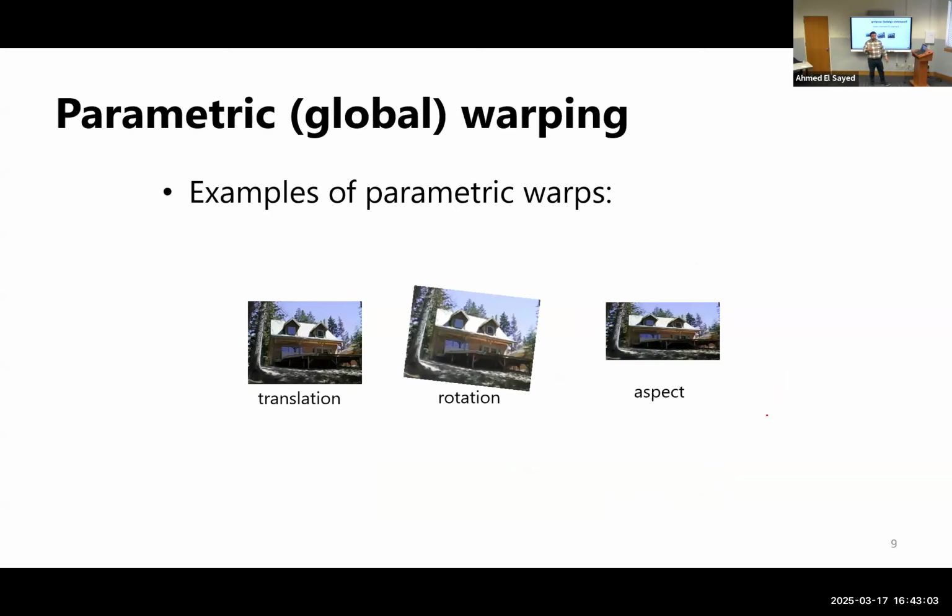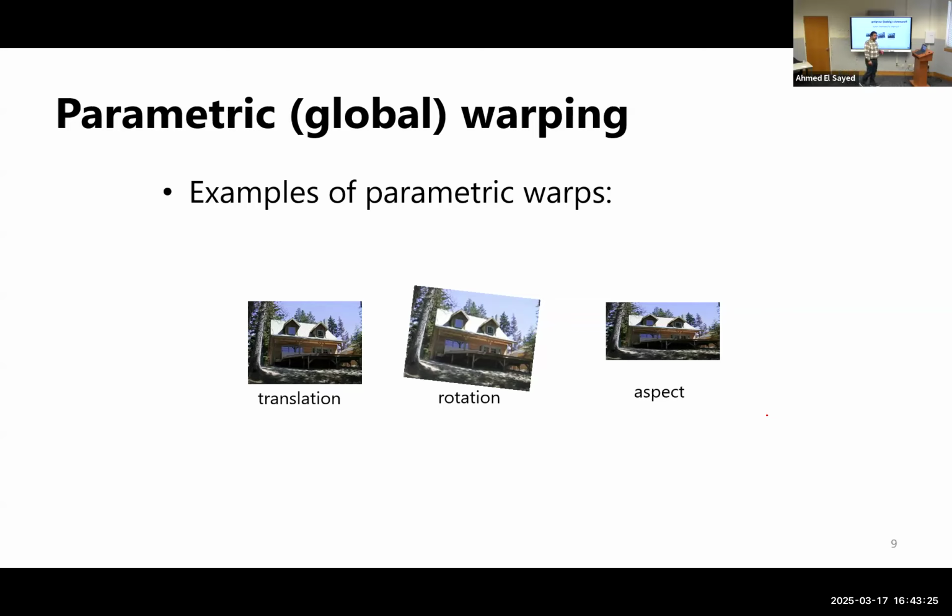What are the common types of transformation I can apply to the image? The three most common transformations are translation, rotation, and changing the aspect ratio. Those are examples.